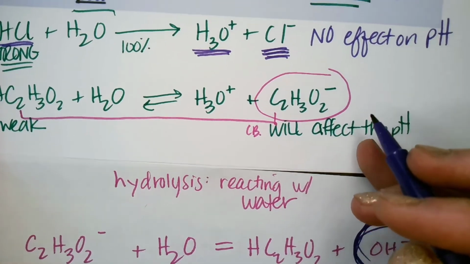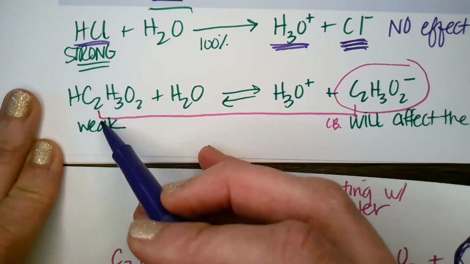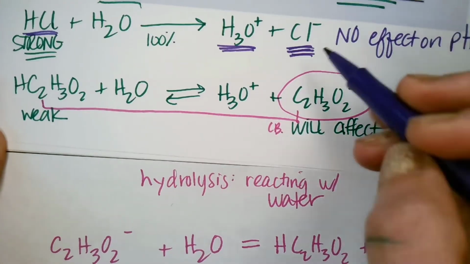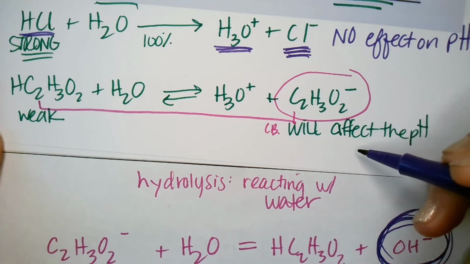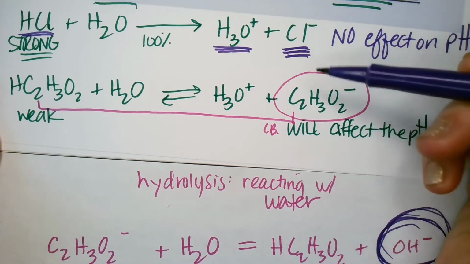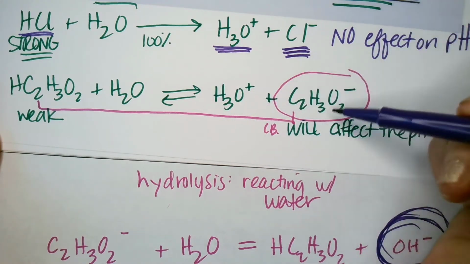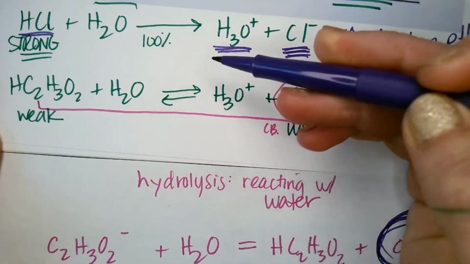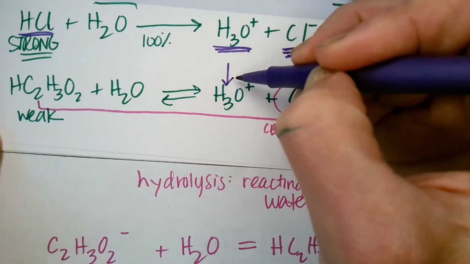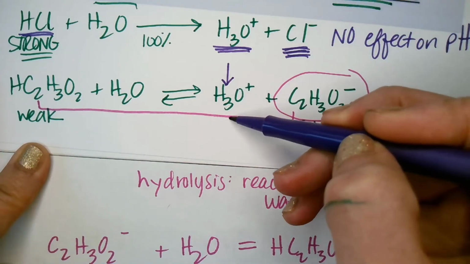And if we go back and look at our reaction here, if we think of Le Chatelier's, when I have my weak acid and it's forming this conjugate base, we know it's going to affect the pH. And when we push back and go to the left, we will use up our products to create more reactants.